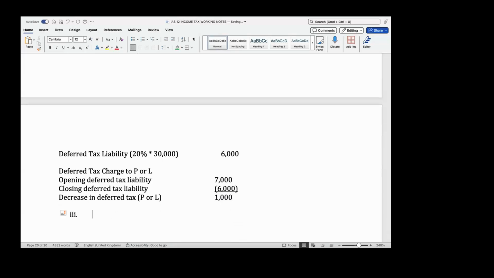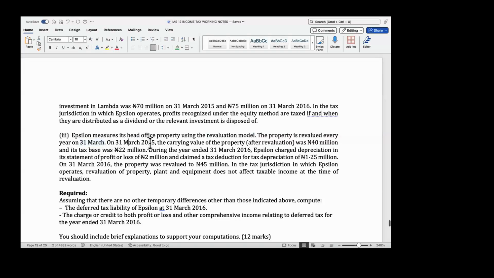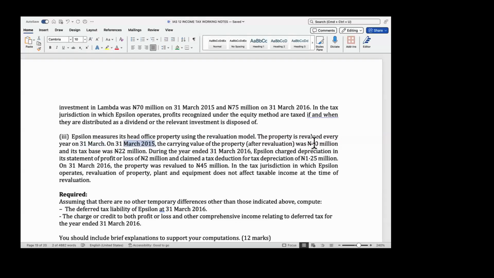Then the third scenario is talking about Epsilon measuring its head office property using the revaluation model. The property is revalued every year on 31st March. So in 2015, the carrying value of the property is 40 million. The tax base is 22 million. During 2016, Epsilon charged depreciation to P&L and it claimed a tax deduction for tax depreciation of 1.25.